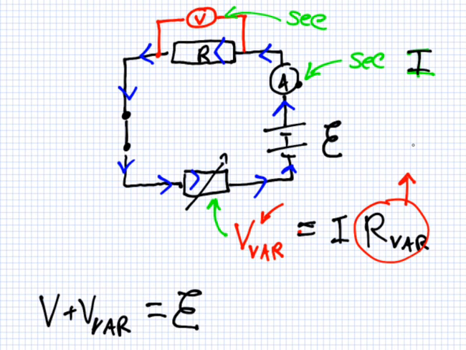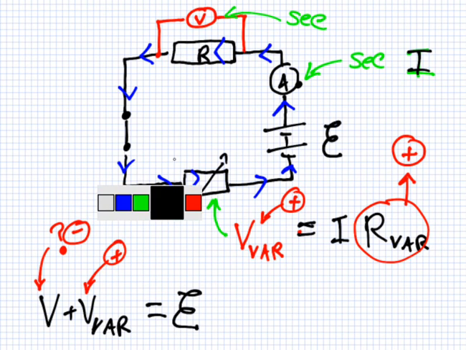Can anybody tell me what they think V plus V var equals? Anybody got any ideas here? I is equal to V over R. Yeah, so what does V equal? V equals I R. Where's the triangle you drew?